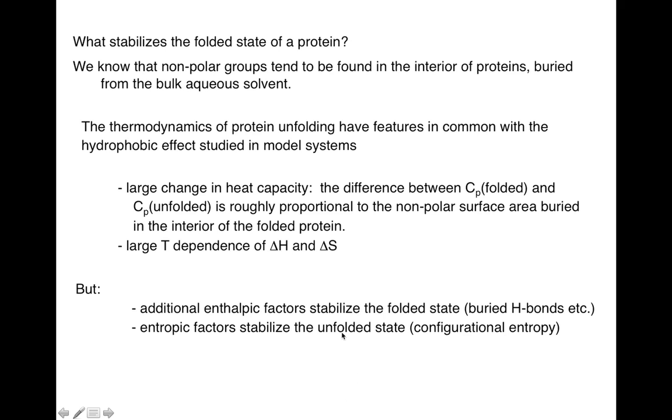So these factors oppose the idea that the hydrophobic effect is the only stabilizing factor. Yes, it stabilizes the folded state, but there are also favorable enthalpic factors that stabilize that state. On the other hand, there are aspects of the entropy, particularly the configurational entropy, that would go in the other direction and stabilize the unfolded state. So it's a much more subtle kind of problem.